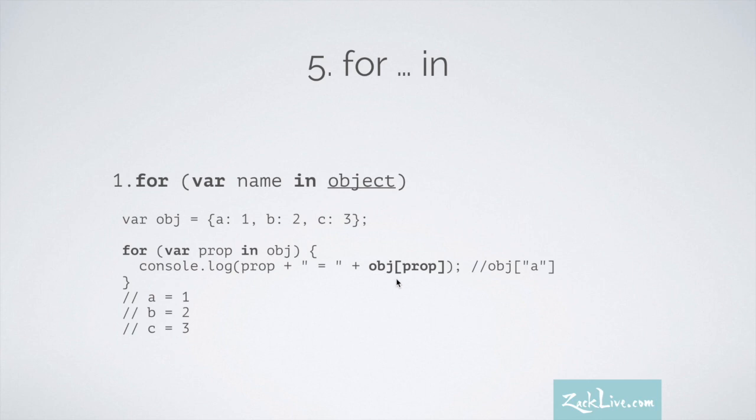The answer is no, because when you use dot here, JavaScript will try to look for the exact property named prop, rather than trying to evaluate prop into the string A. That's the difference between the dot and the square brackets.